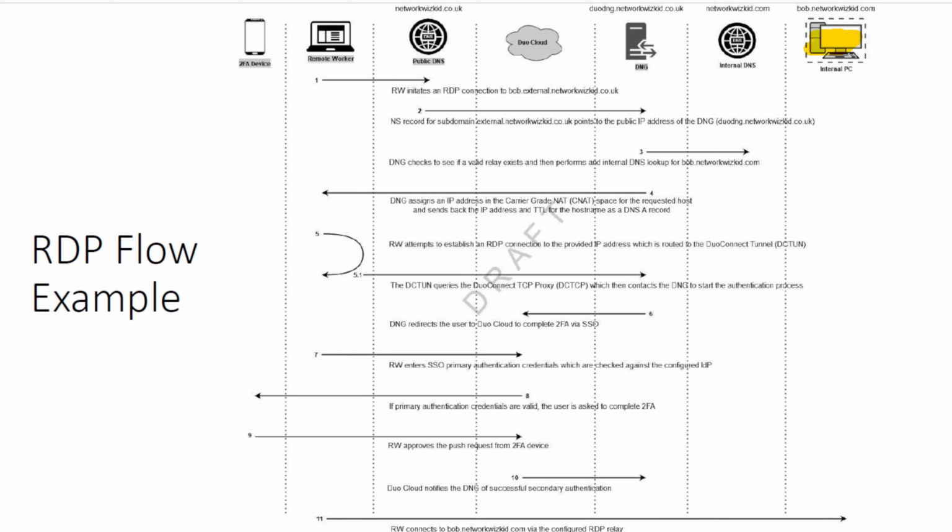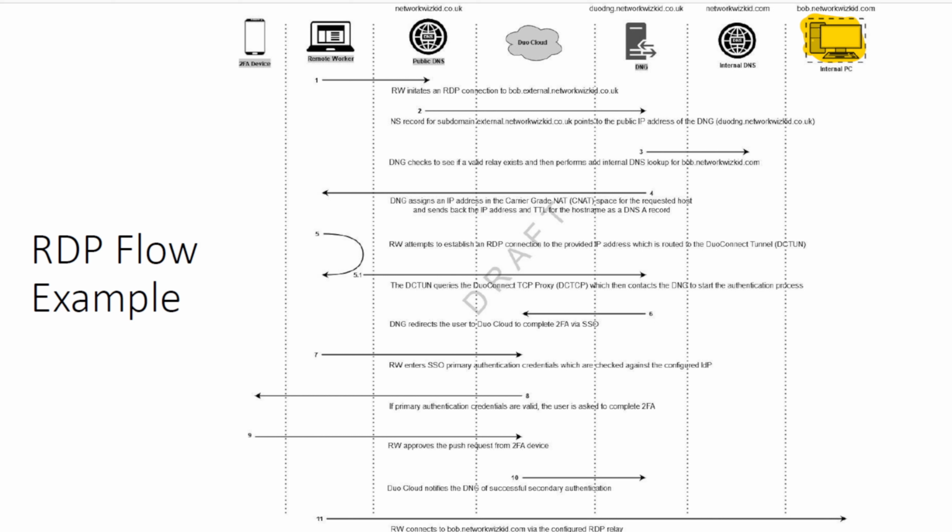This is Bob, the internal system here. And you can see at the top here, it's got a host name of bob.networkwizkid.com. So networkwizkid.com is the internal domain, and networkwizkid.co.uk is the external domain, or the public domain.